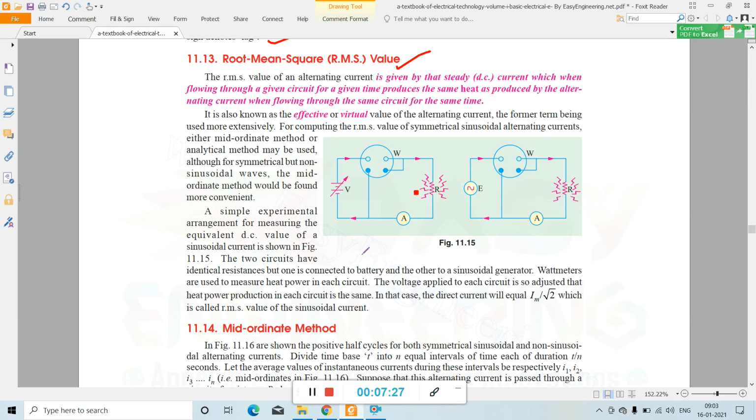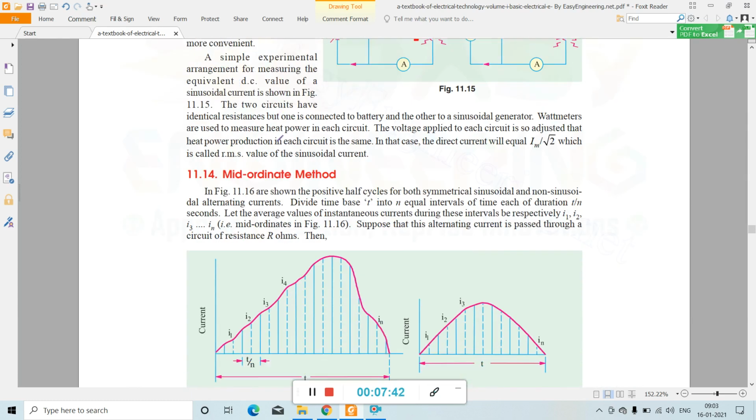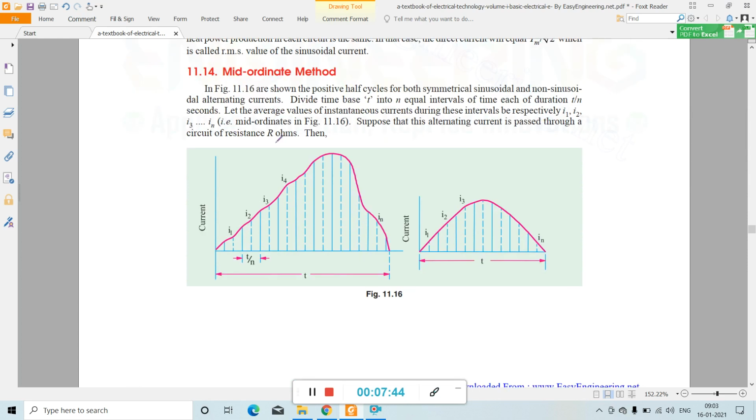So the RMS value of a symmetrical sinusoidal alternating current is computed by two methods, the mid-ordinate method and the analytical method. We will discuss them one by one. This is the mid-ordinate method. In this method, this waveform is non-sinusoidal and this is a sinusoidal waveform, but they both are symmetrical.